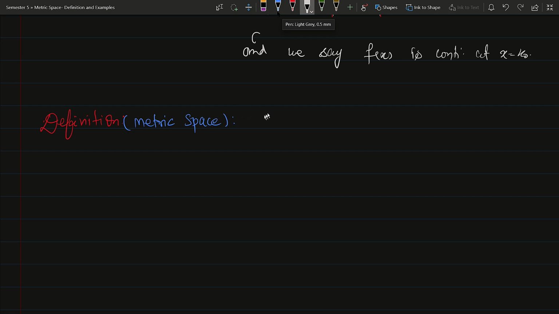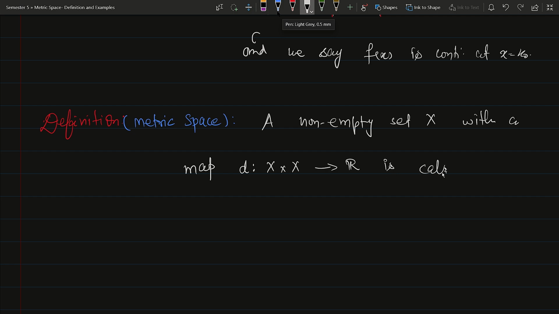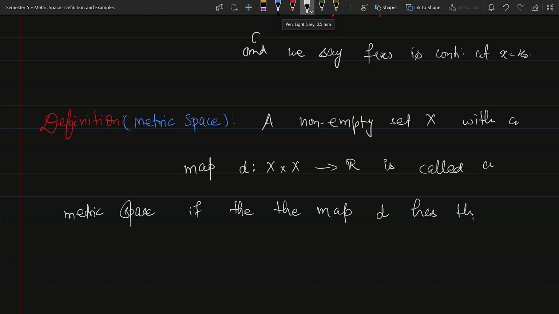So the definition says a non-empty set X with a map. Basically, what a metric or distance function is, is a map. A map how? A map d defined from X cross X to R, that is the set of real numbers, is called a metric space if the map d has the following properties.